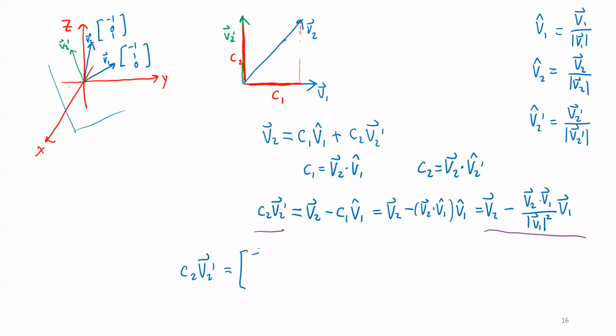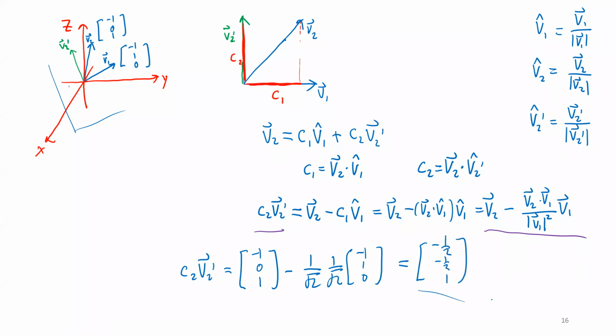As I said, V2 is -1, 0, 1, minus this dot product. So at the end, you get these two factors.